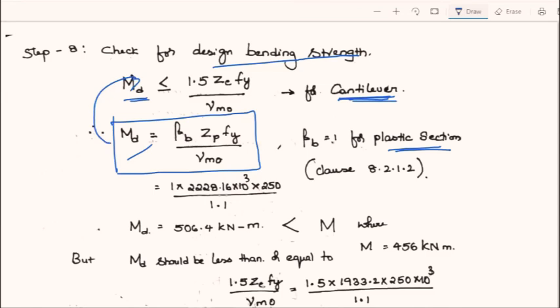On calculation, beta B equals 1 and ZP, of course, you know how we got this ZP, is 222.816.